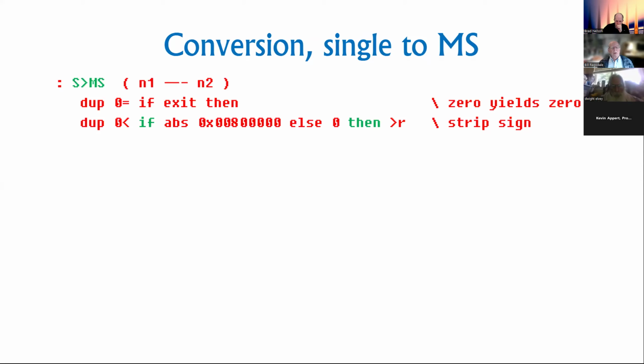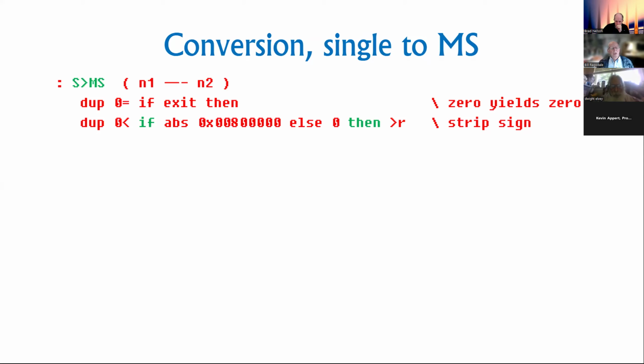So this is the word that does the conversion. We'll look at that in stages. Remember, for a number 0, the input and output is always 0. So the very first line, dupe 0 equal if exit then, will return 0, and execution is done. If it continues, then the first step is to strip the sign off.